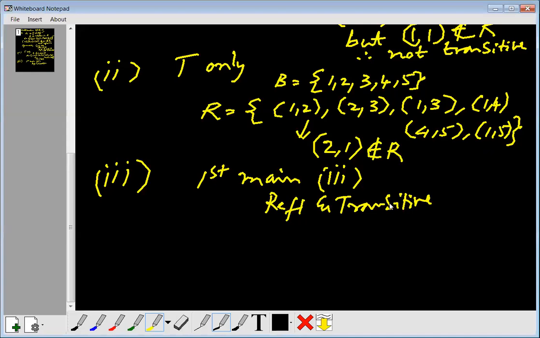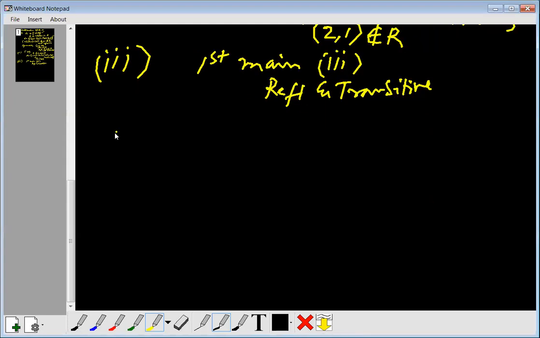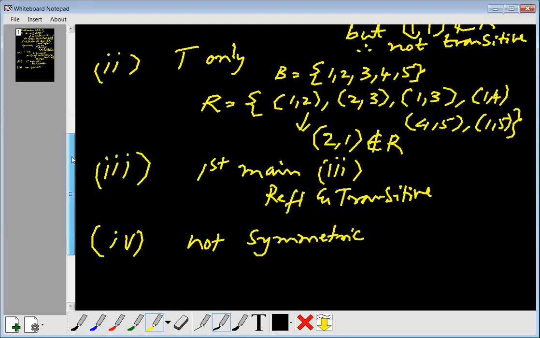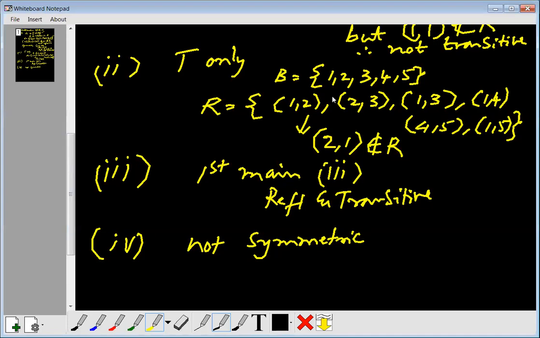Fourth one, reflexive and transitive, but not symmetric. So that means you have the previous one, which is reflexive, right? So we just did this one. This is right now transitive only. Let's suppose we include (1, 1) also, (1, 1), (2, 2), (3, 3), (4, 4), (5, 5) in that.